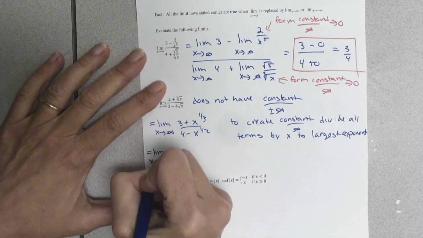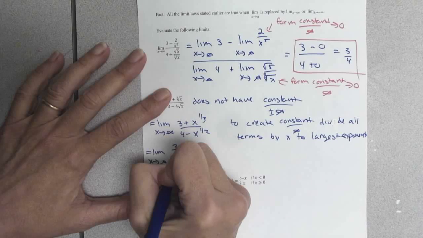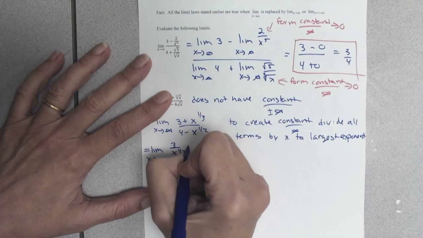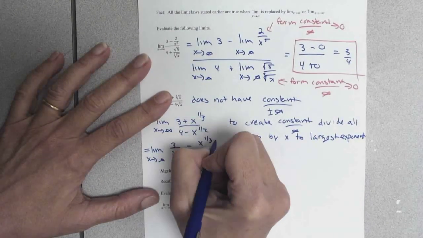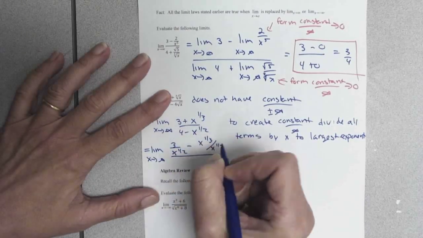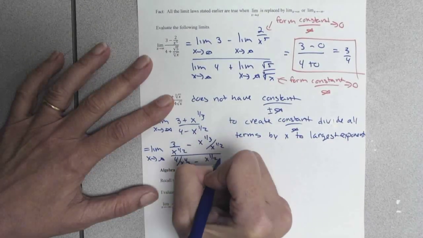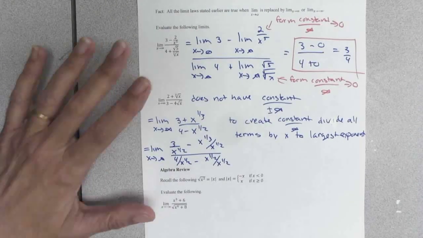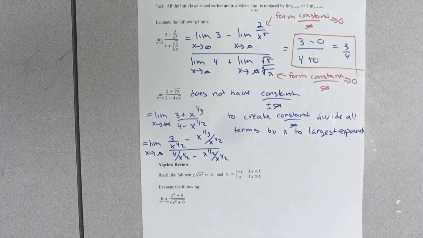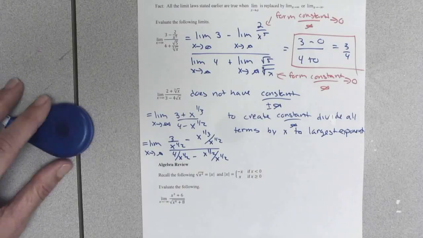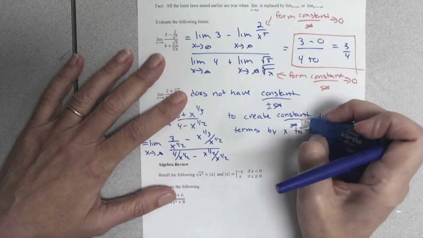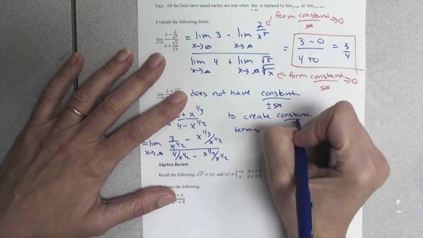So that's the limit as x goes to infinity of 3 over x to the 1/2 minus x to the 1/3 over x to the 1/2 over 4 over x to the 1/2 minus x to the 1/2 over x to the 1/2. So I divide everybody by x to the largest exponent, and in this case, the largest exponent is x to the 1/2.